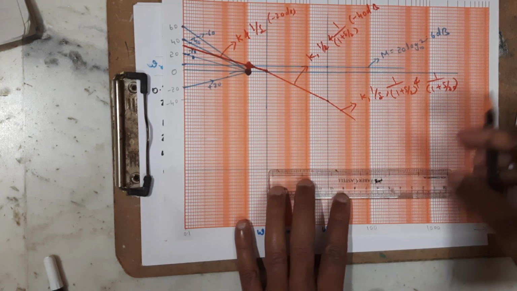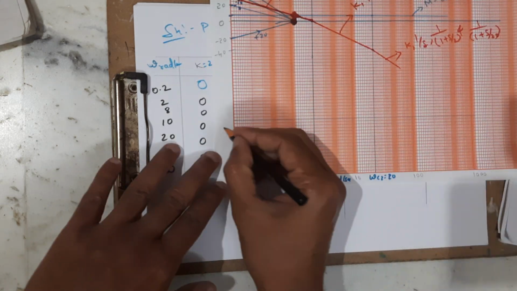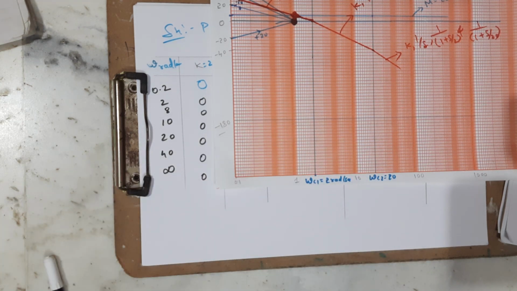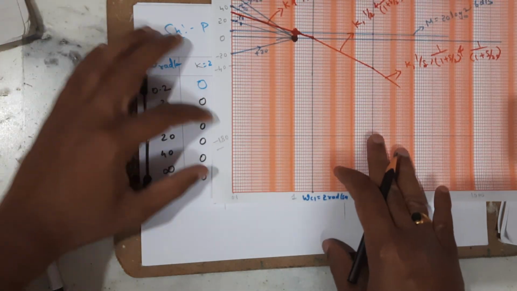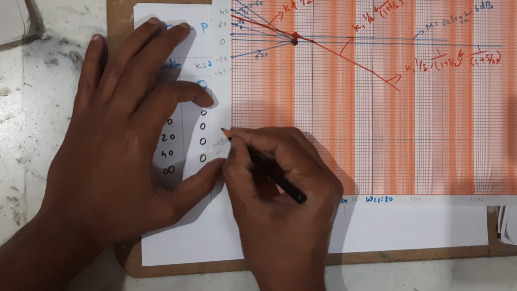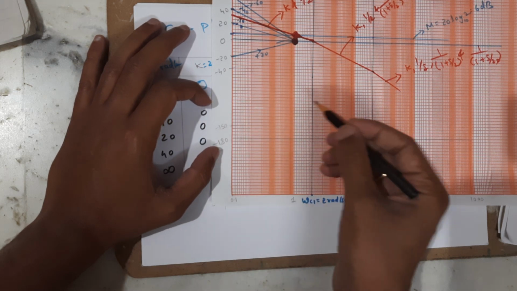Here it will start with minus 180. So this is the main reference. Above this I am going to mark minus 150.